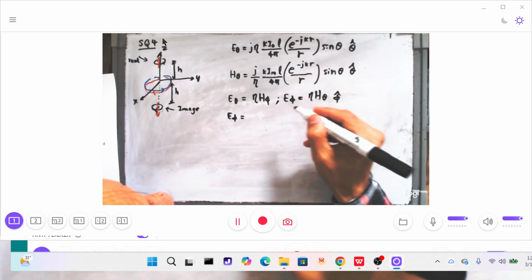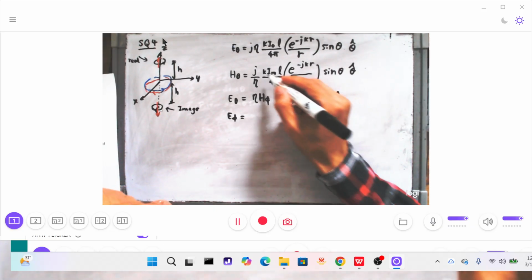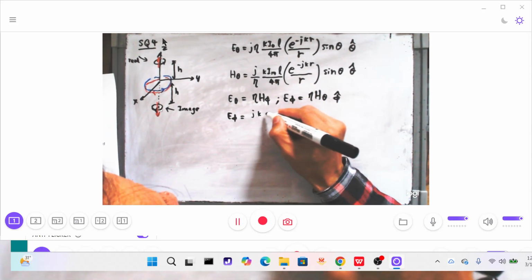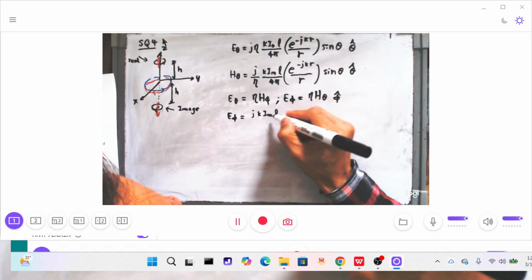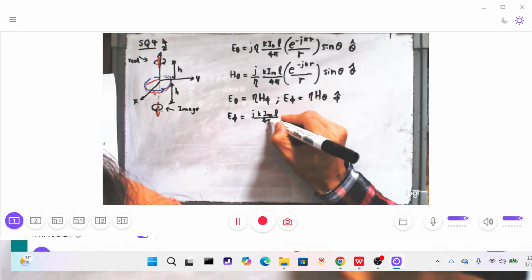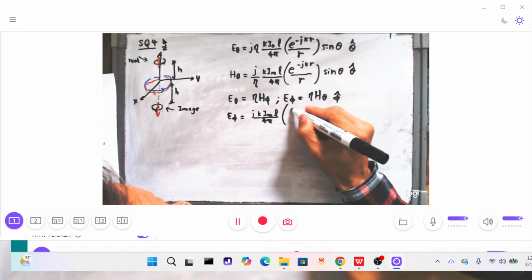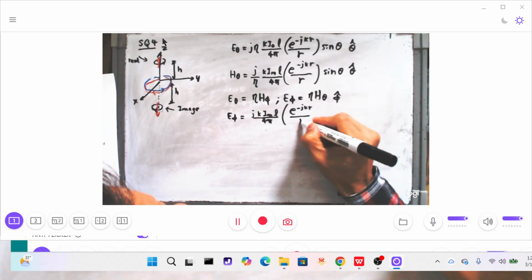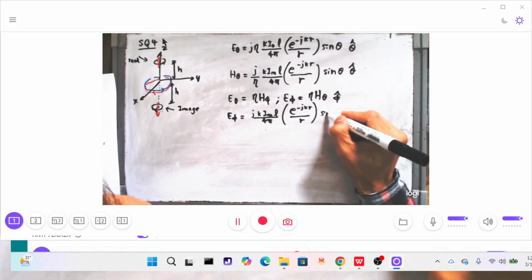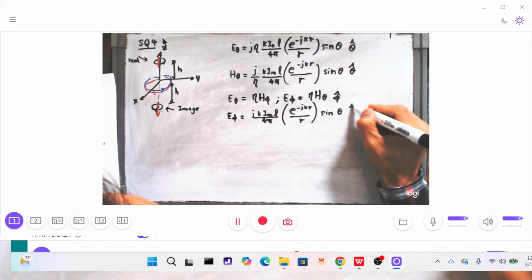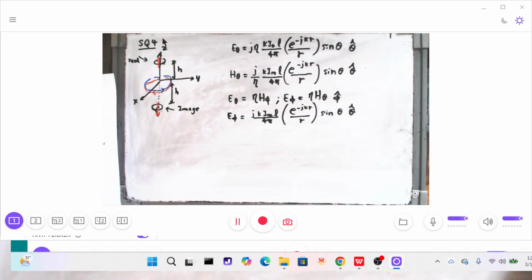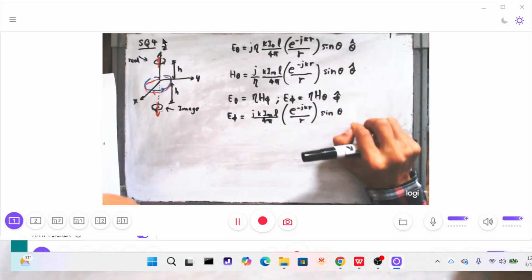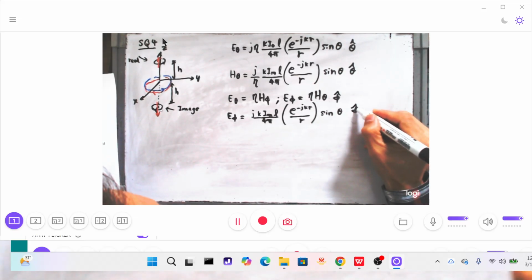So this guy times this guy, the theta hat cancels out. Then this term will remain the same. This term has nothing to do with the quantity. Sorry, this one. Okay.